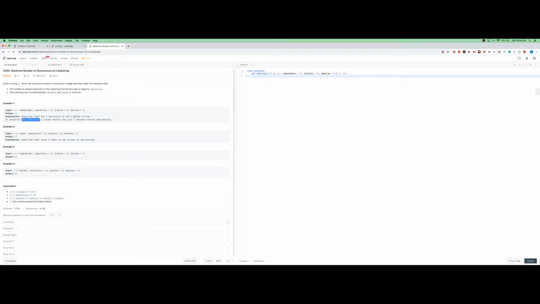It satisfies both conditions. It has 2 unique letters A and B, so it's equal to max letters, so the first condition is valid, and its size is 3, so it's in the 3-4 range, right?